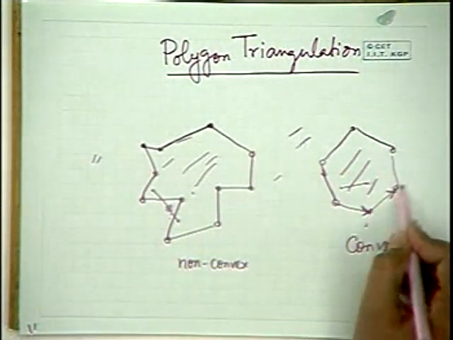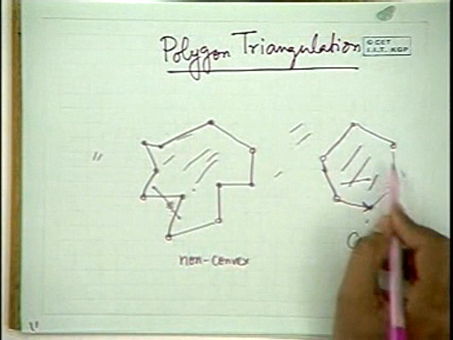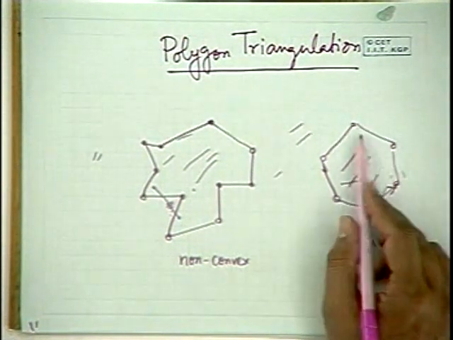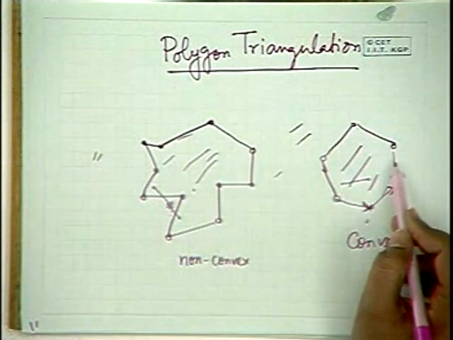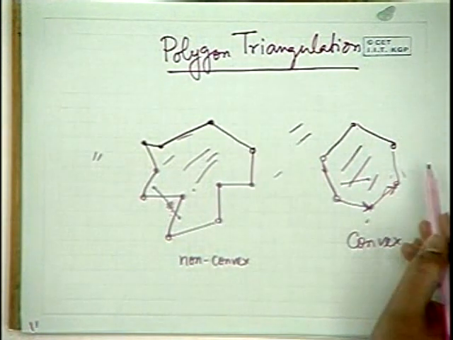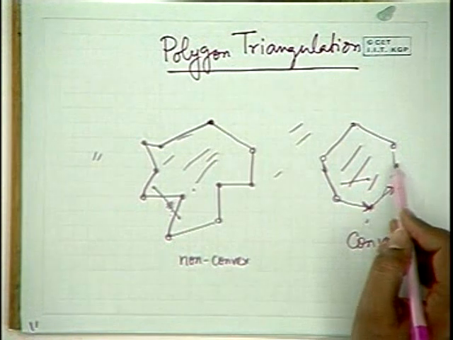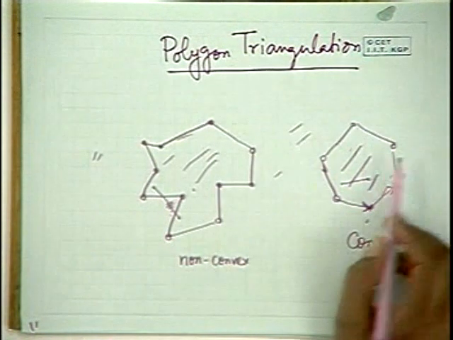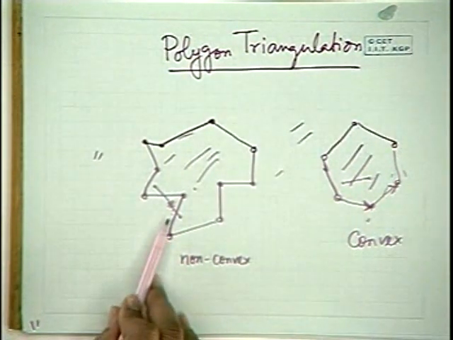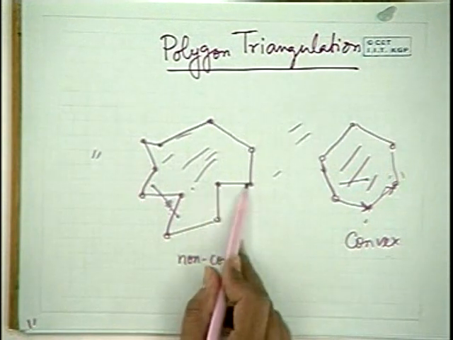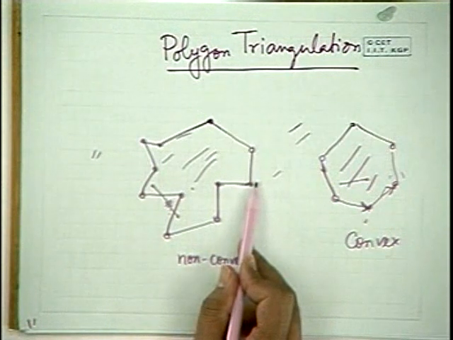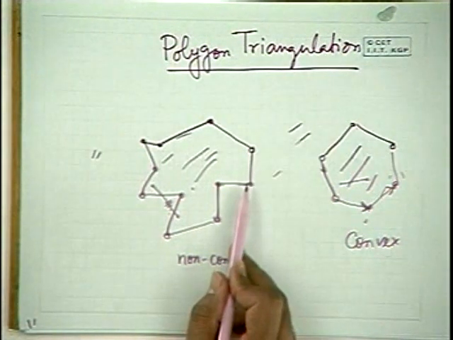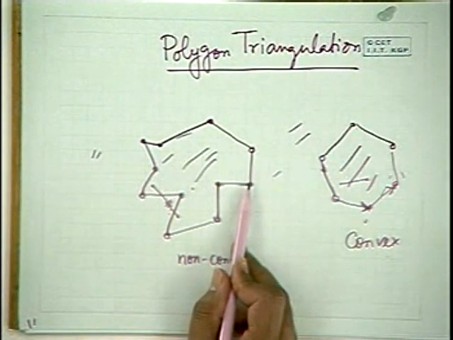Take these 3, they form a left turn. Take these 3, they form a left turn. Any 3 consecutive ones will form a left turn. Not only is it true that given a convex polygon this holds, if this is true, the polygon is also convex. It's an if and only if condition, true in both directions. But you will see this is invalid for a non-convex polygon. If you take these 3 consecutive ones, it is not making a left turn, it's making a right turn here. So this is not a convex polygon.